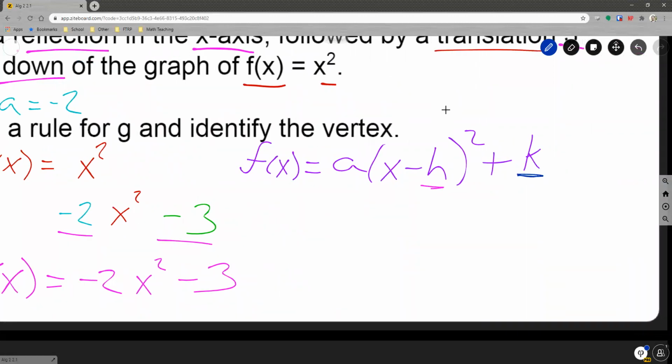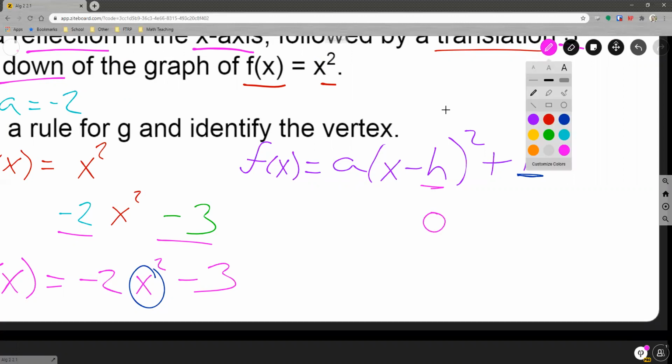Well, if I go to my equation, I don't have an h value in there with my x. If I don't have an h value, there's still an h value in there, it's just I haven't moved anything to the left or to the right. So my h value is the default value, which is just going to be 0.